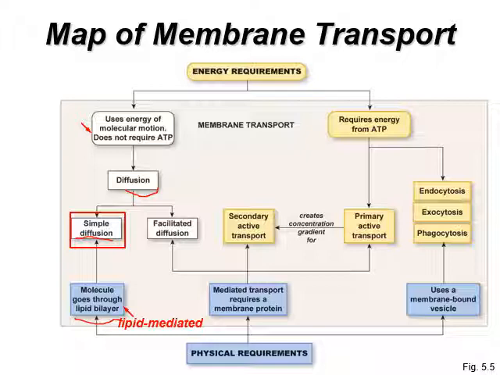Although we saw the small water molecule is able to make it through, small polar molecules can go directly through. But again, there has to be a concentration difference between the outside and the inside of the cell, because we must have a concentration difference for diffusion to occur. And again, the molecules are going to move from an area of high concentration to an area of low concentration.